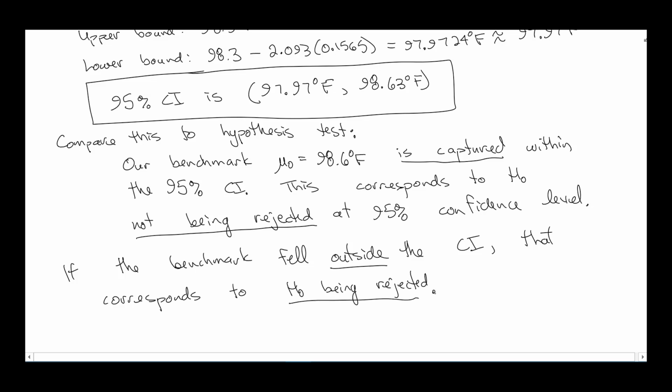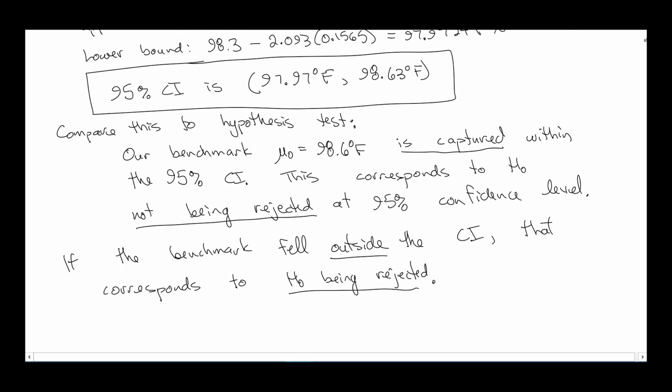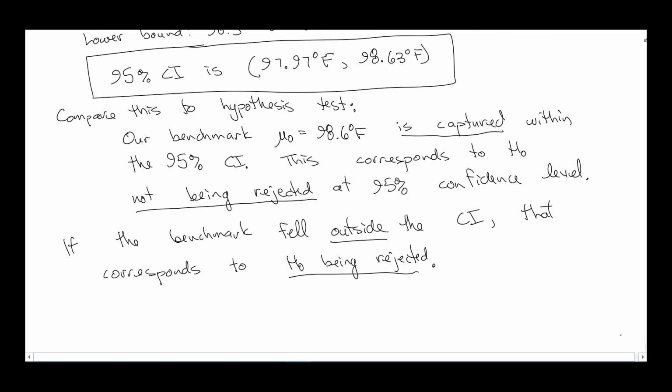Okay, so if that confidence interval had not captured the benchmark within it, then that would tell us if we went and did the corresponding hypothesis test, we would end up rejecting that H0, that null hypothesis. Important note with all of this is that this is for two-tailed.